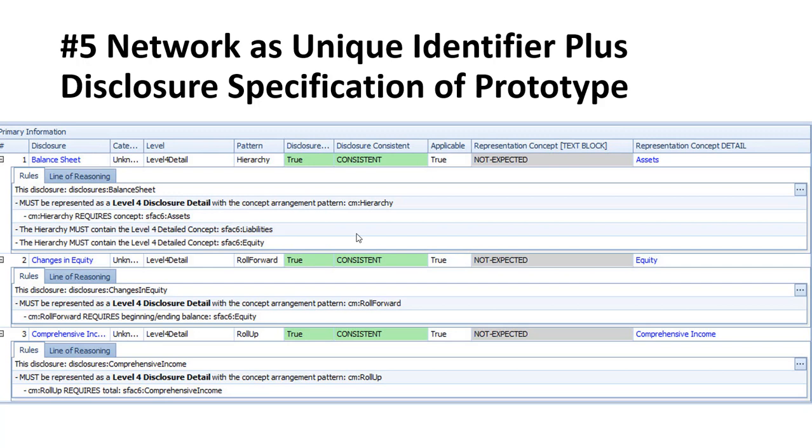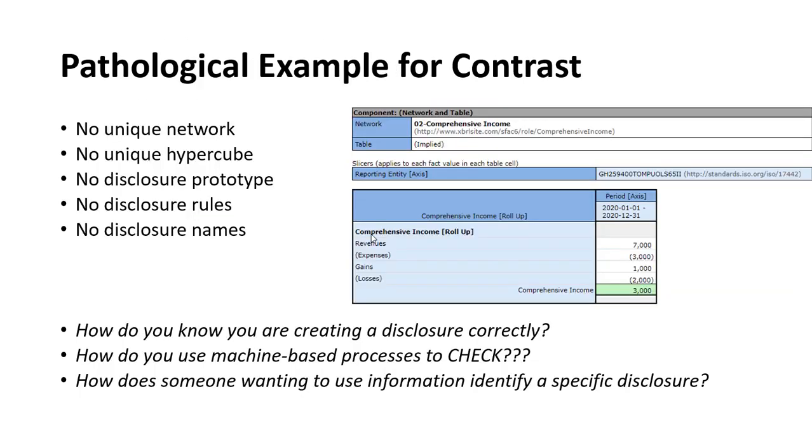And this would happen if you use the same hypercube name on every disclosure, or if you didn't use hypercubes at all. So this will work, and it's not necessarily redundant, but it will work. I think it may be redundant.